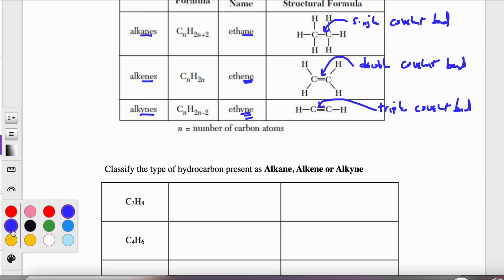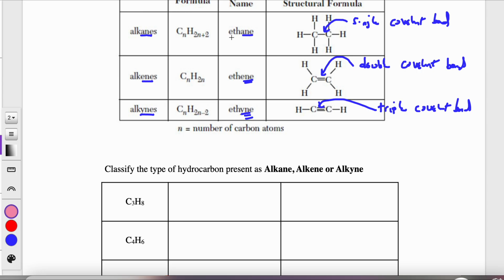Now notice these names. You have ethane, ethene, ethyne. So the difference in the name is the ending, the suffix, ane, ene, or yne, because it tells us about bonding that we should see within the structure.